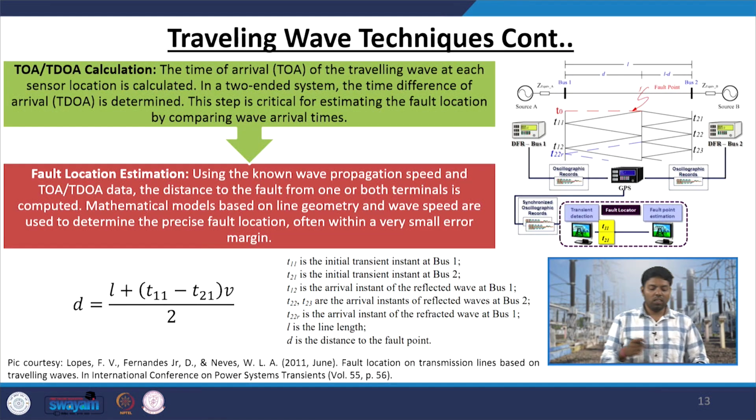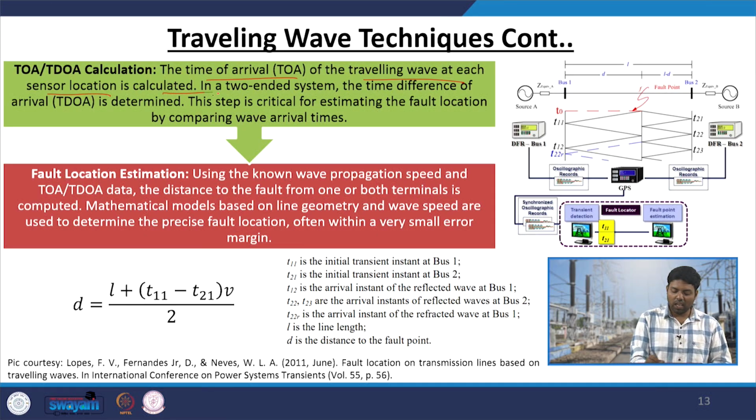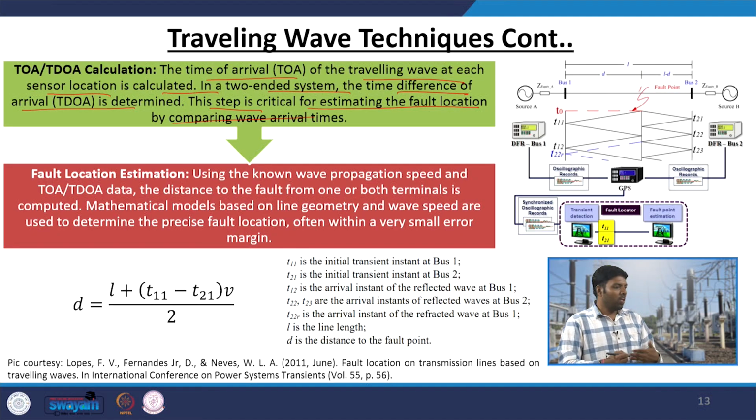Then you have to calculate the time of arrival of the travelling wave. The time of arrival of the travelling wave at each sensor location is calculated. In a two-ended system, the time difference of arrival is determined. This step is critical for estimating the fault location by comparing the wave arrival times. So, all the time a wave goes to the receiving end, then reflects back, then again comes, then again goes back.